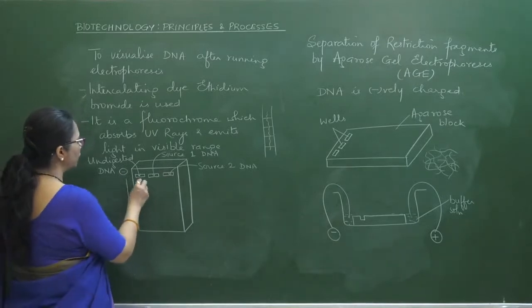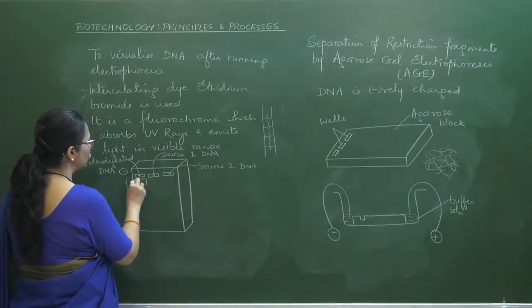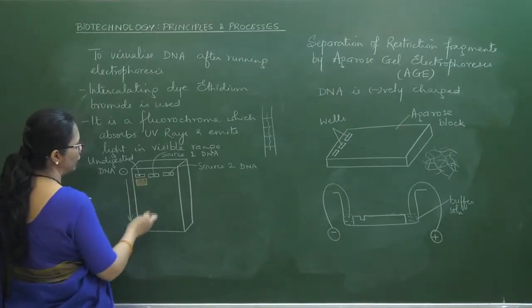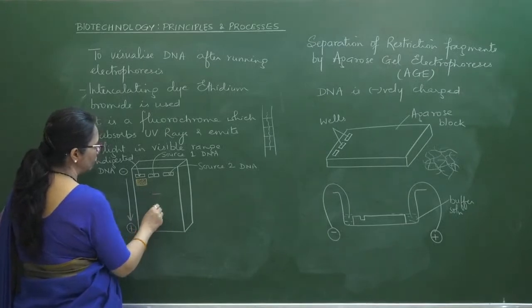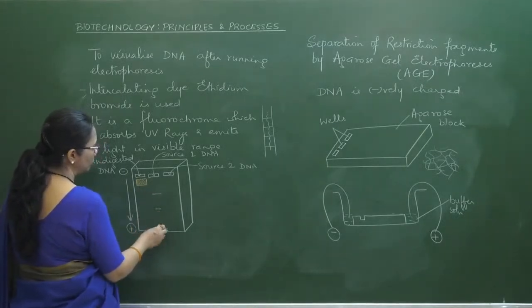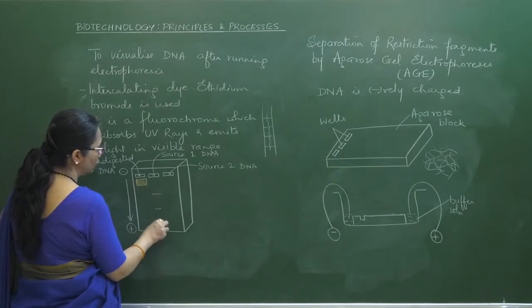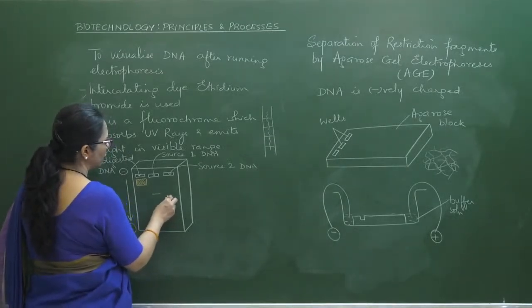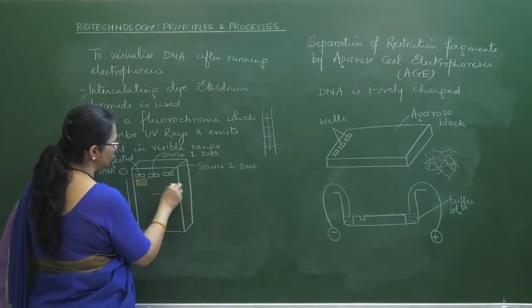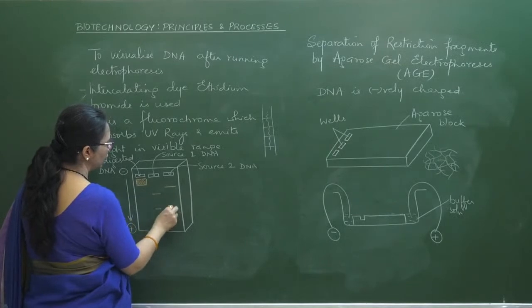Now since undigested DNA won't be moving much, a thick orange band will come here. Here we see certain bands, okay, and in the other one there was B plus C, it had come, you see, imagine we can put it like this, and let us say this is A here.